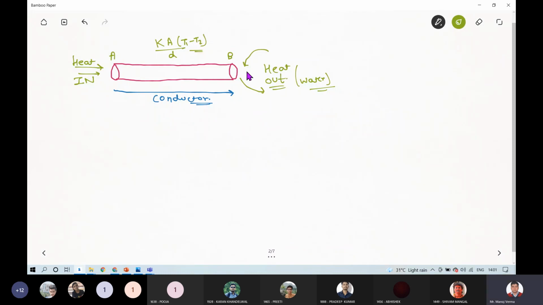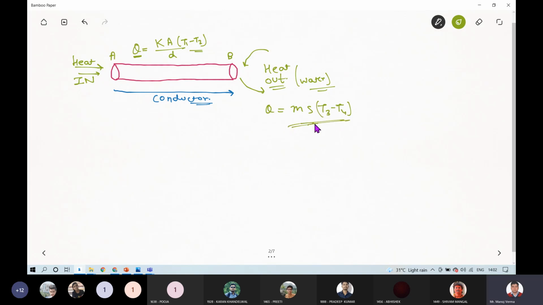Whereas the heat energy expelled from the system with the help of water was equal to, let's call this Q, which was the heat arriving at point B. Now the heat exhausting from point B was equal to M S delta T, which was T3 minus T4, something like this.